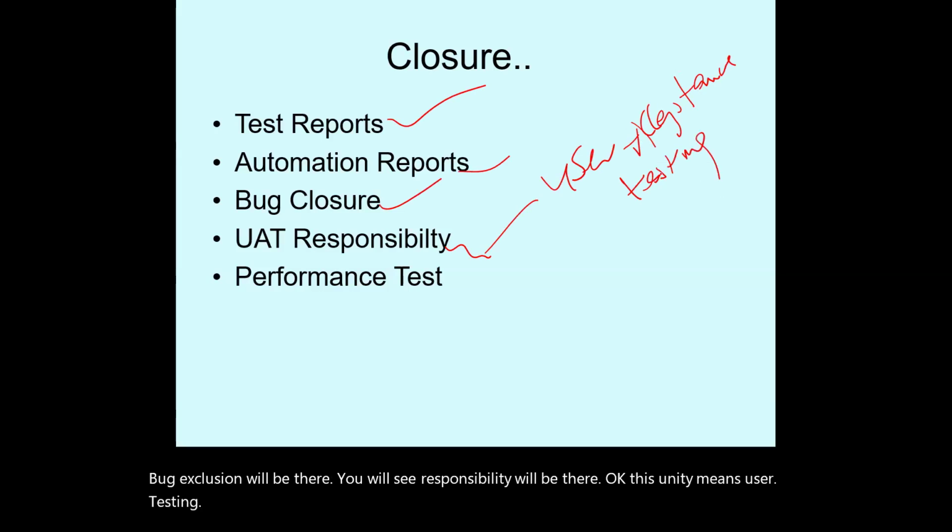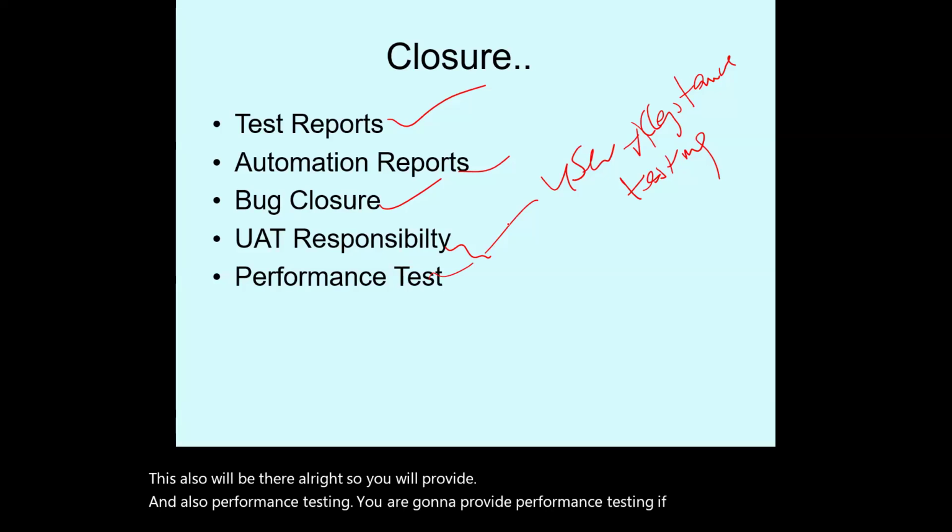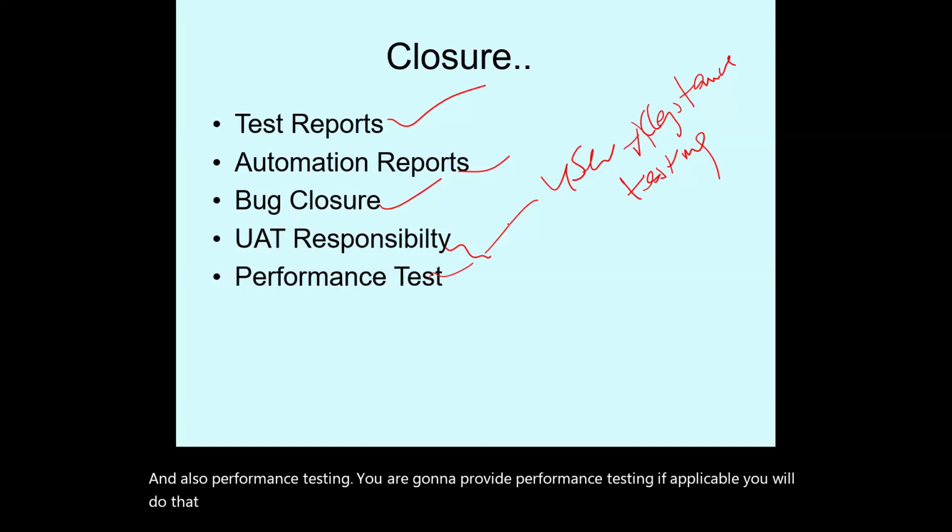This also will be there. And also performance testing you are going to provide, if applicable. So these are your responsibilities when you're doing your test closure in the SDLC.